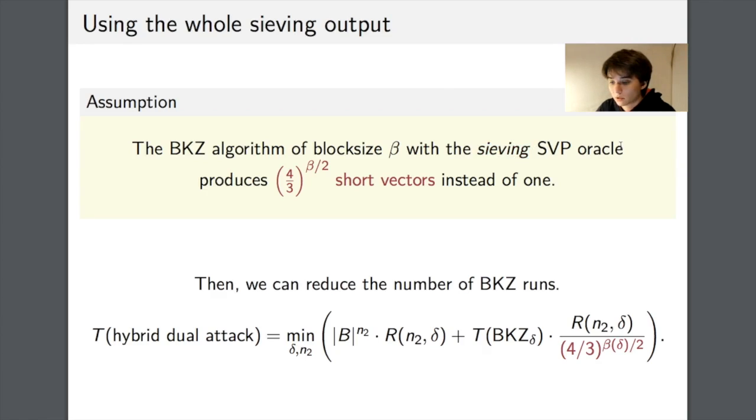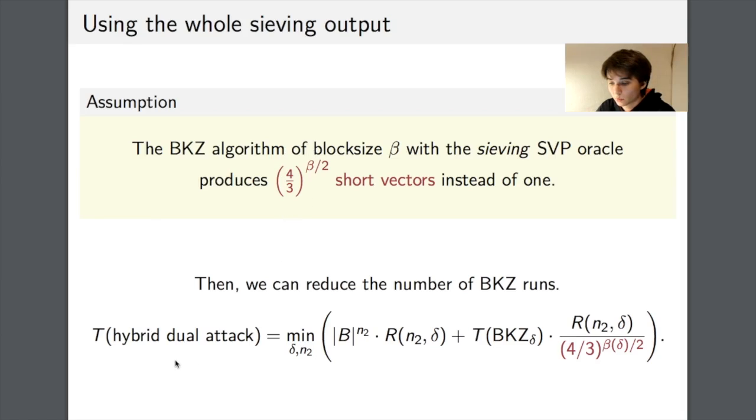The sieving algorithm works by creating and iteratively updating a list of lattice vectors of exponential size in the dimension beta. So we may expect to get many short vectors instead of one in the end. The actual distribution of the output of sieving is not well studied, but we may assume that the number of short vectors returned by sieving is close to the size of the sieving list.